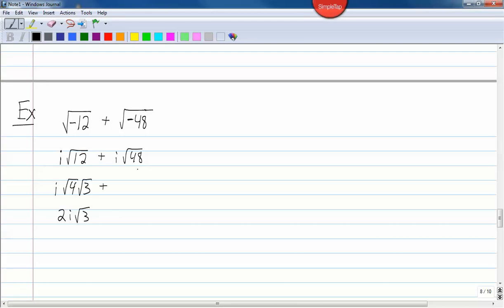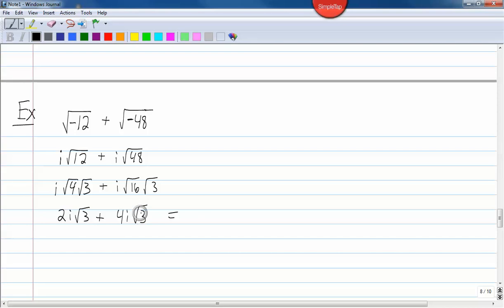Alright, plus the square root of 48 can be written as the square root of 16 times the square root of 3, because 16 times 3 is 48. So then this is plus the square root of 16 is 4, so that's 4i square root of 3.